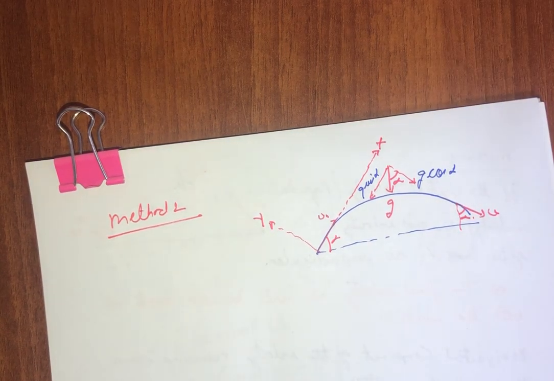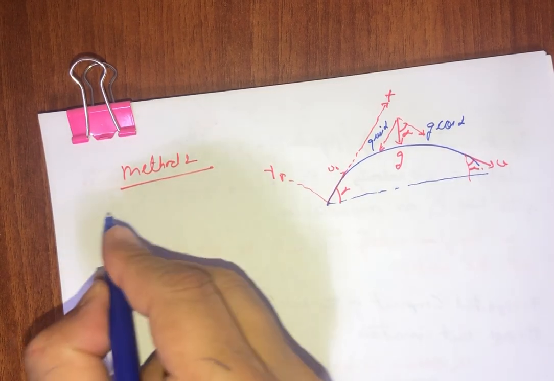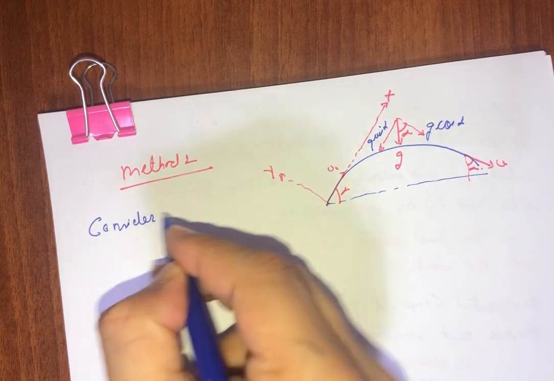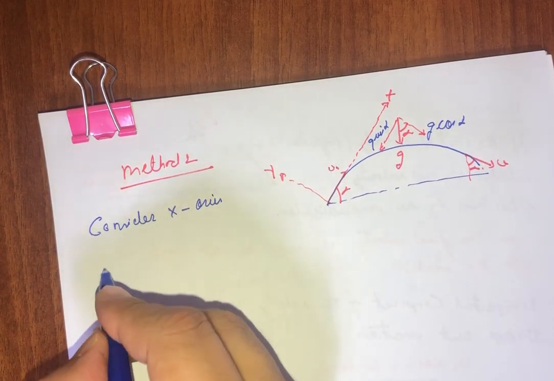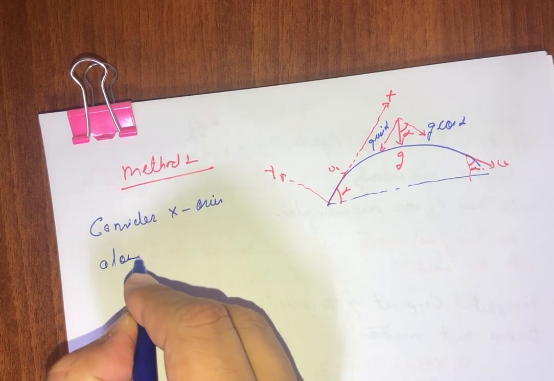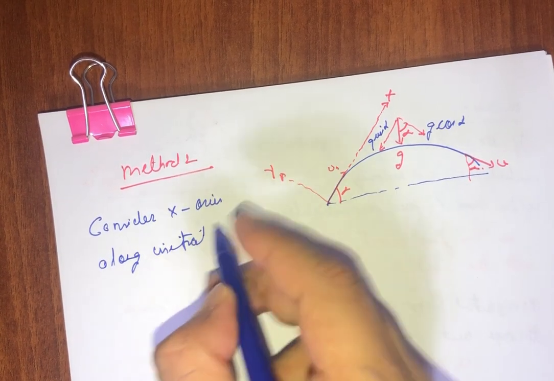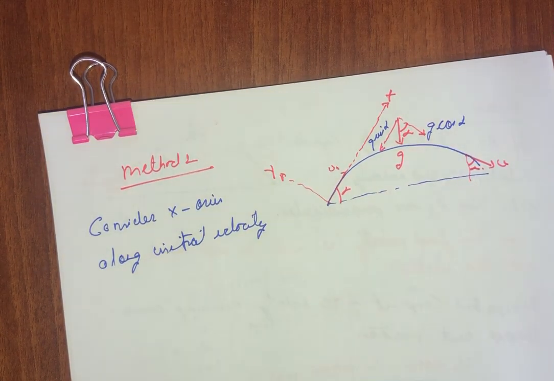Okay, so there is only one thing which we said here, that considering x-axis along the initial velocity, which we already considered here.